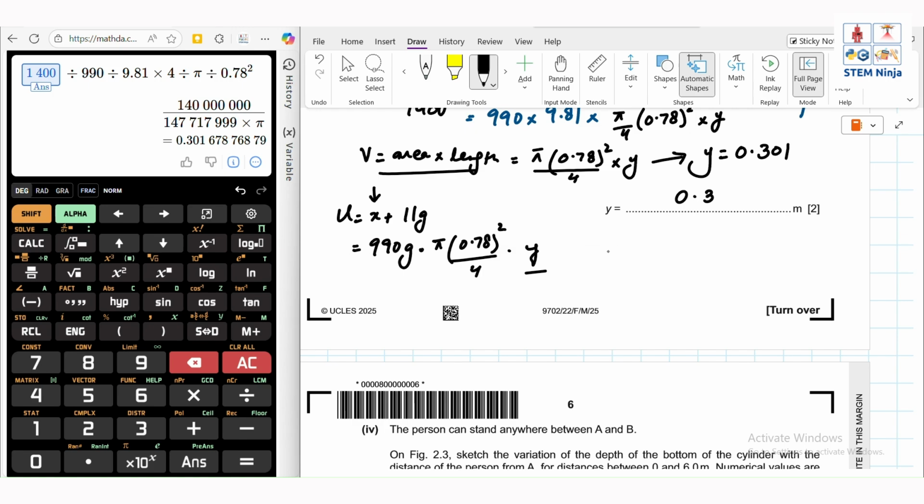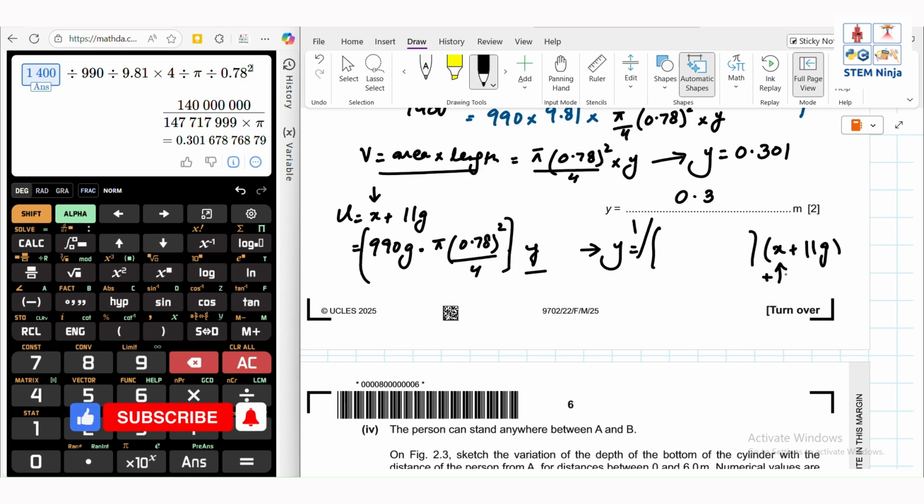When you take this entire thing on the other side, you will have y equals 1 divided by this entire bracket, times x plus 11g. So this is a straight line relationship. It appears to be a positive gradient because there is no minus happening here.